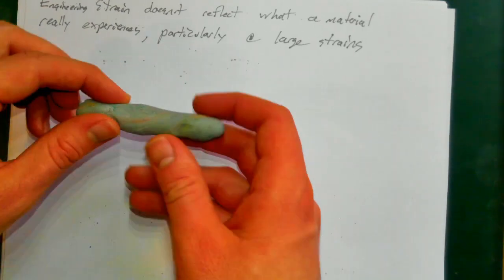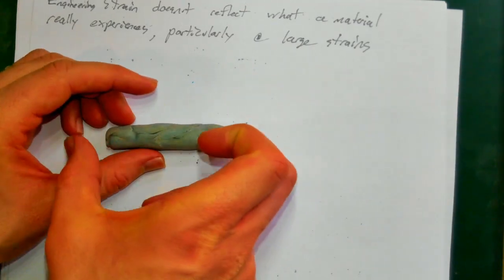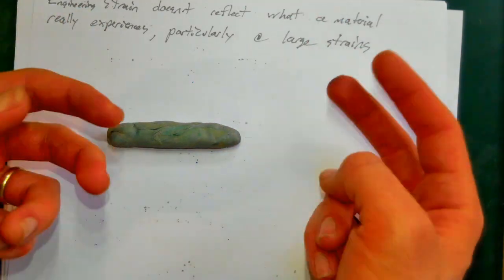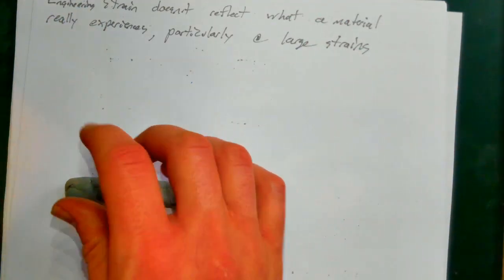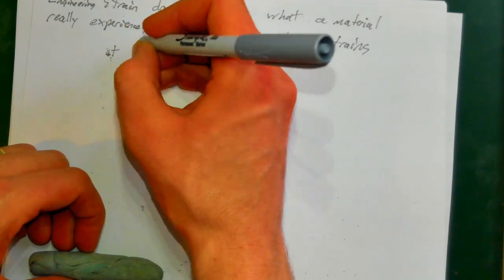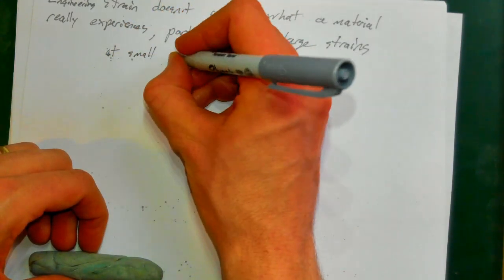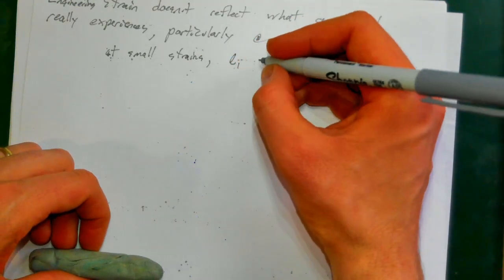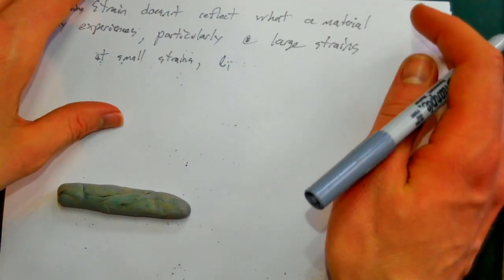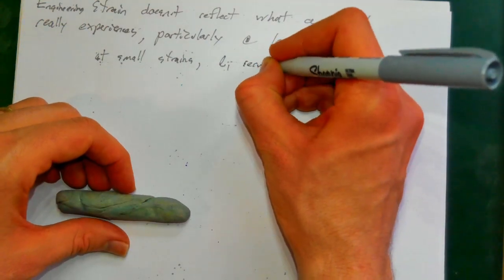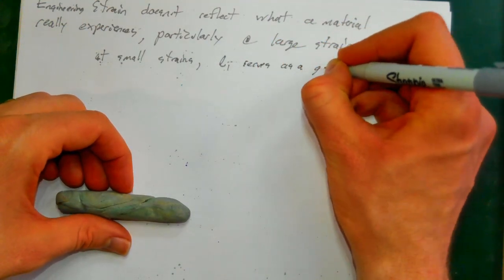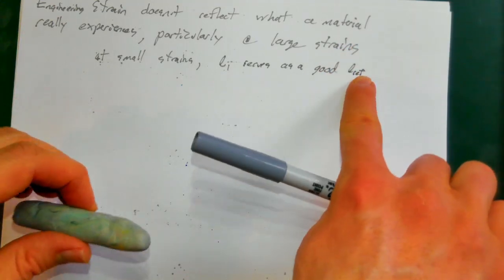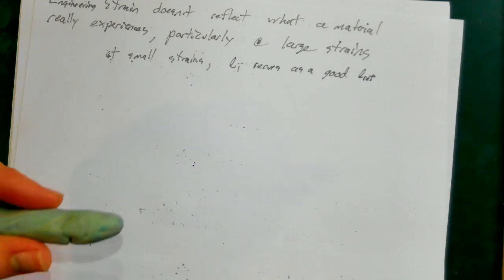So at small strains, the original undeformed length serves as a good baseline, L1 is a good reference length as the denominator in that definition of strain.